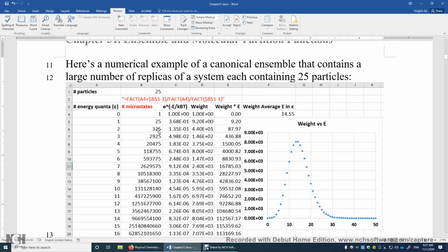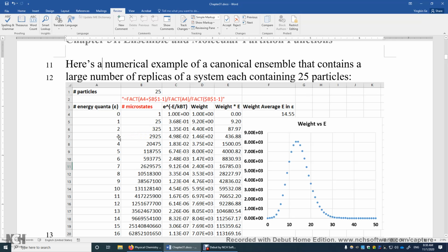So the number of combinations of selecting 2 out of 25 particles is 25 times 24 over 2 factorial. So that's 300. Now remember, we had 25 microstates associated with giving 2 energy quanta to the same particle. Therefore, 300 plus 25, you get 325.